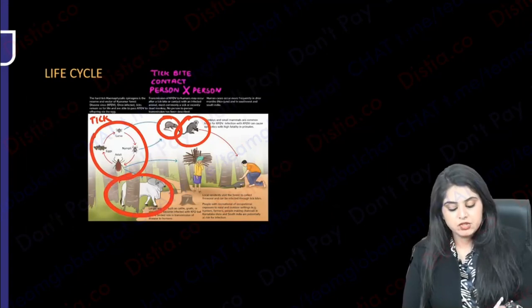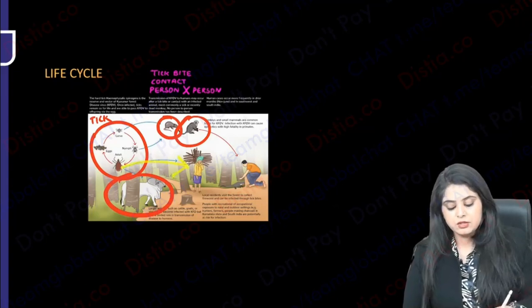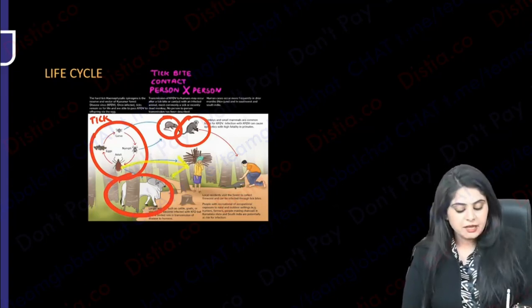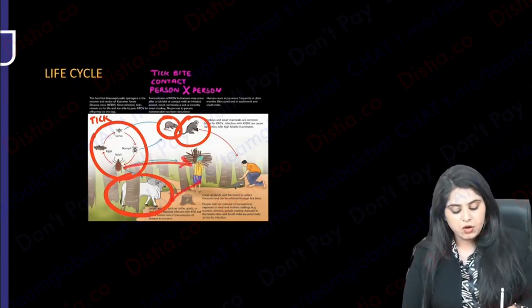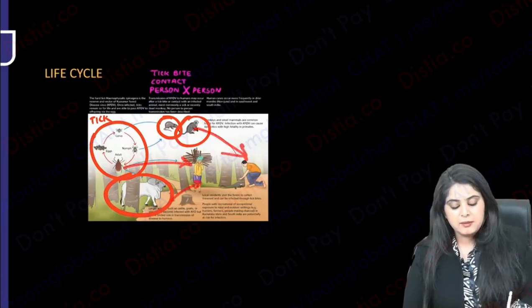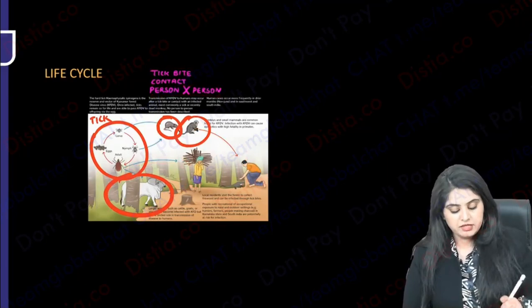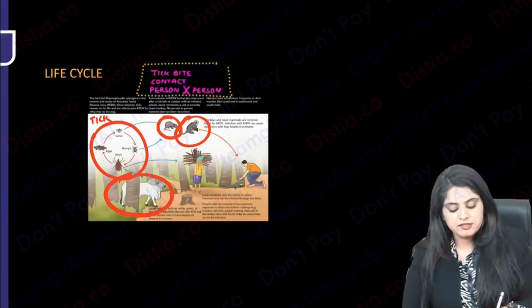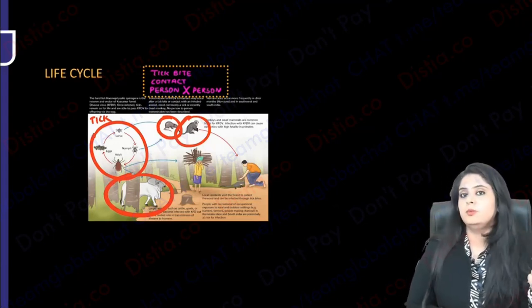So the infection comes to humans in two ways. Focus on that. It comes via a tick bite, number one. Number two, it can also come after contact with animals. Person to person, however, is not known. So, bas ye 3 things you have to know: it's directly coming from the bite of a hard tick, or animal contact, but no person to person.